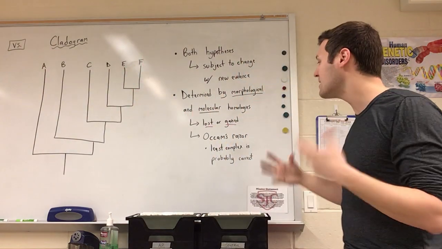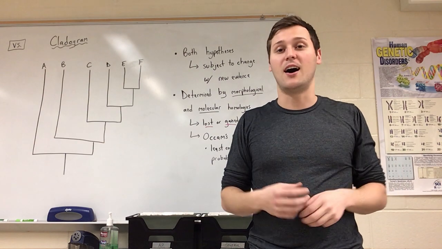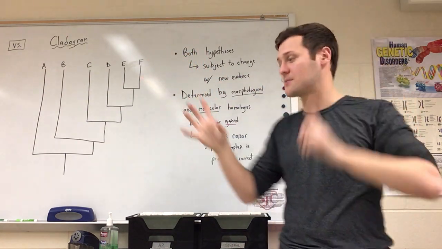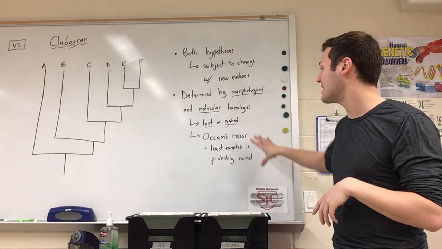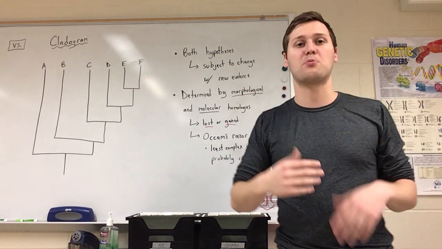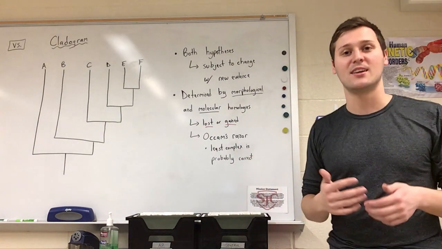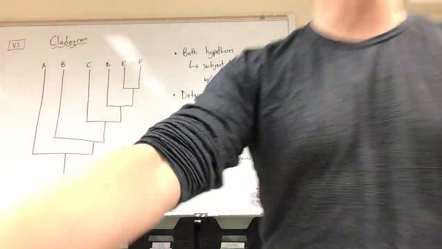So that idea that we go with whatever explanation is the simplest, where it's easier to lose one than to gain 5 traits throughout history, and be that similar, that is Occam's razor, this preference for simplicity. Whichever is the least complex explanation is probably correct. So we'll talk more about that.